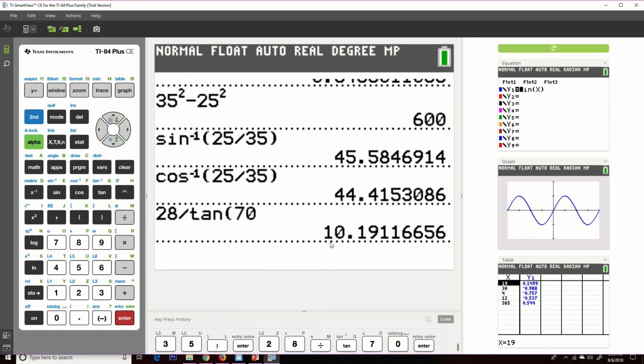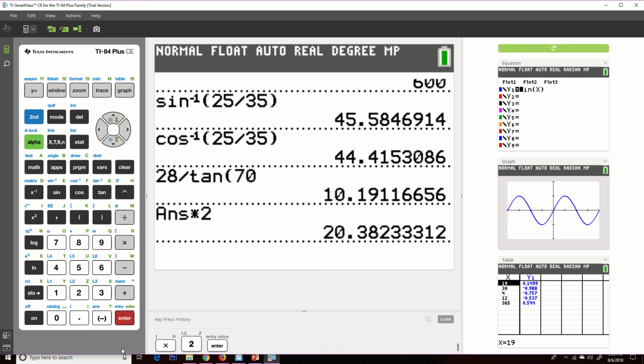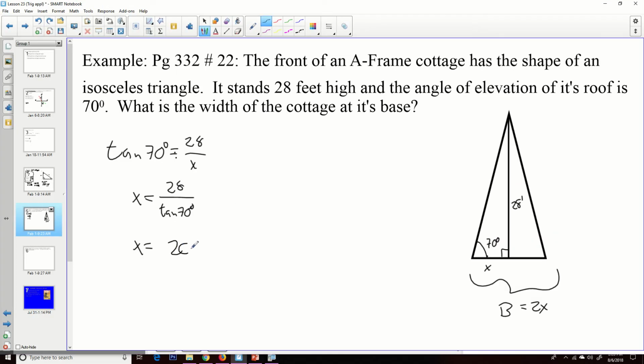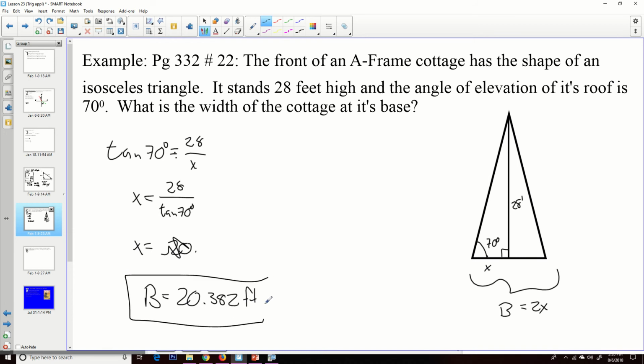That's the value of X, but we know the value we're looking for is double that, so we multiply by 2. So 20.382 is our answer. That's B: 20.382 feet. Proper units.